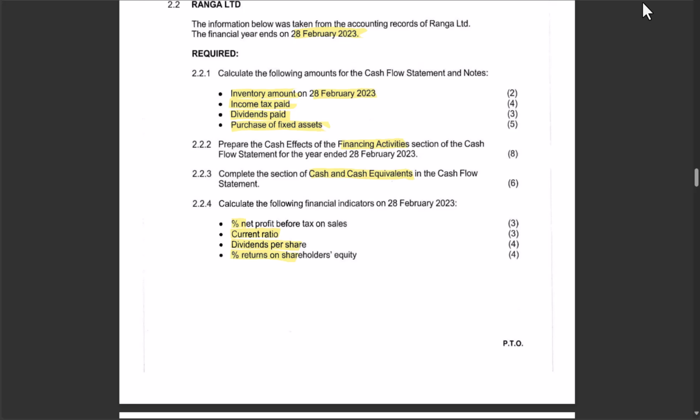But it's a bit weird for me that in question 2 they asked you to calculate the current ratio, whereas in question 1 they asked you to use the current ratio to calculate the total current assets. So it's a bit unusual that they ask the same ratio in one question after the other. I'm not sure, but that's what it is.